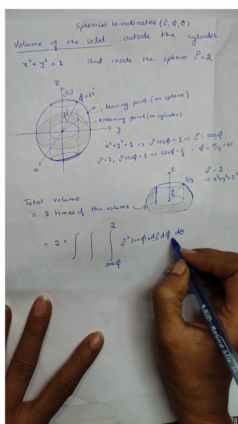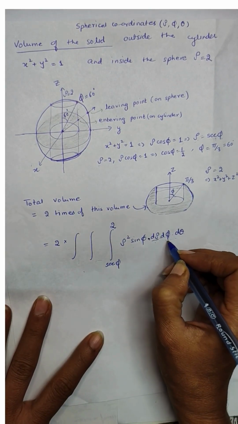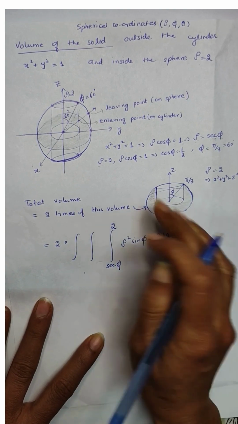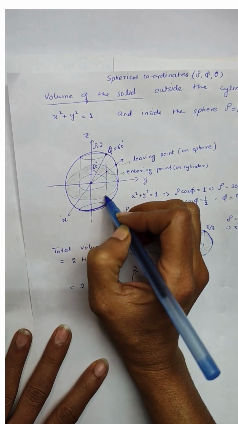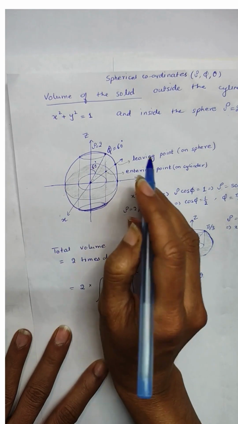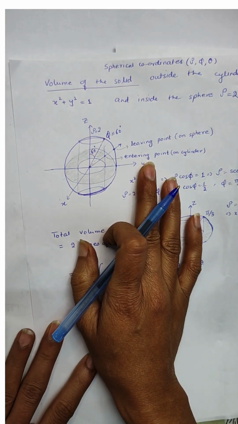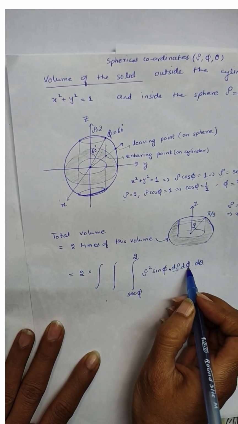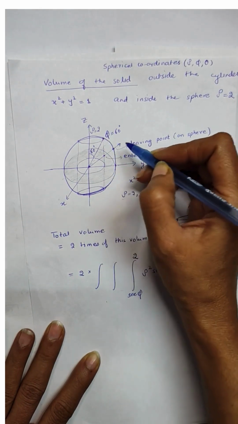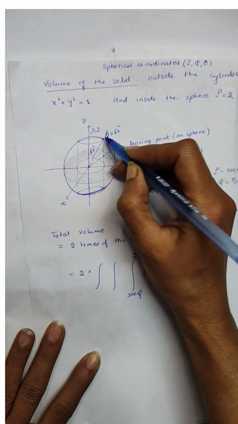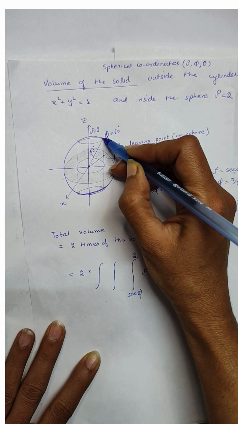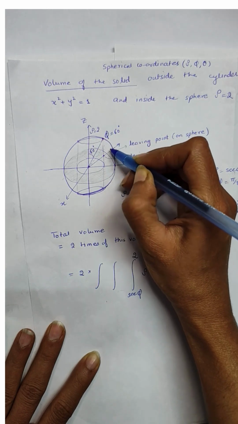Now let's come to phi. We want to find the limits of integration with respect to phi. For that we fix theta, which means this plane perpendicular to the xy plane. To find the limits for phi, we take this ray up to here, because this is the point where the ray is going to enter our solid region.